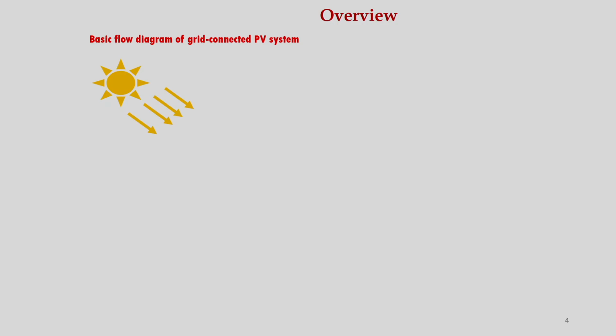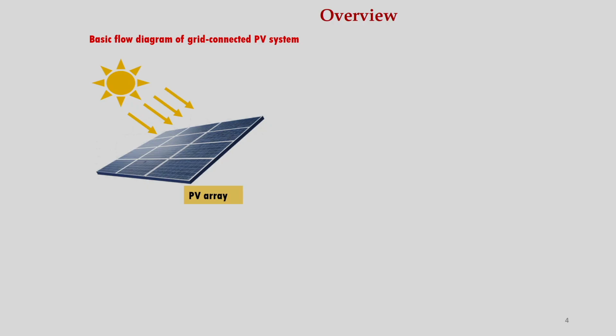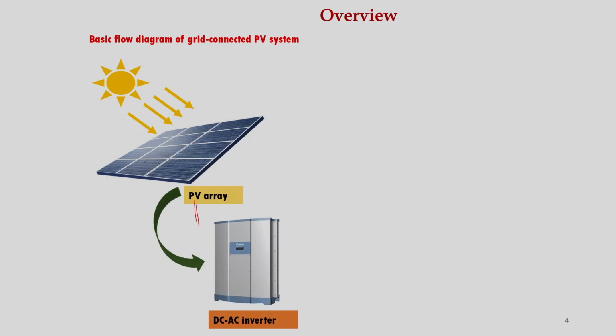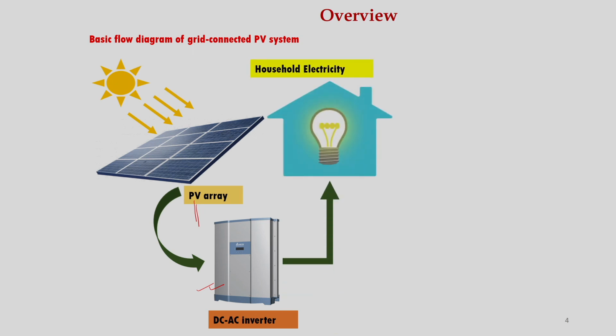So, now see the basic flow diagram of a grid connected PV system. We have the sun, so electromagnetic radiation will come and strike the PV surface and then we can generate DC current, right. Then that has to be converted to alternating current by using an inverter, and then that can be connected to some load.